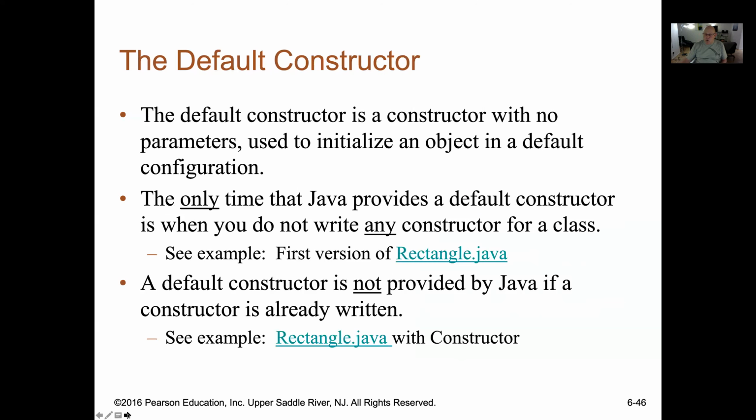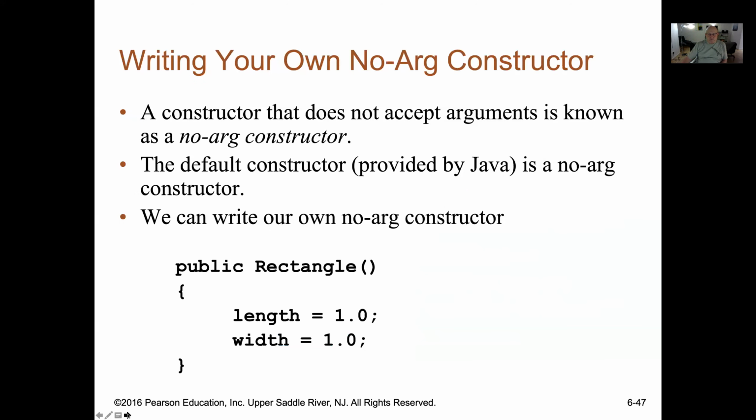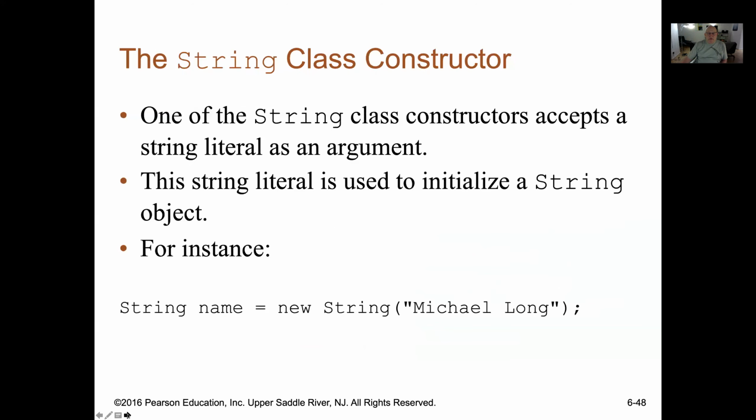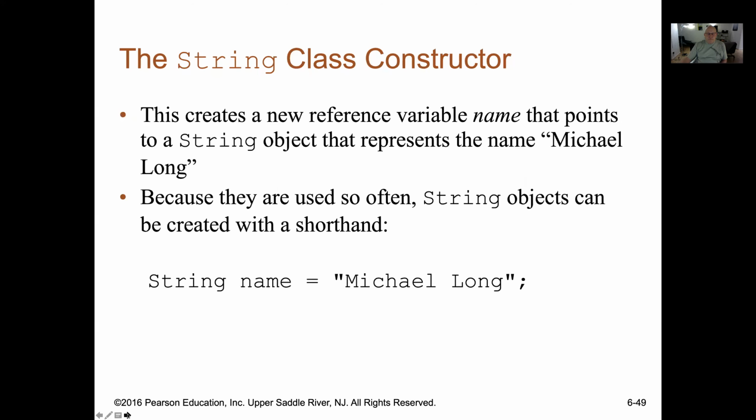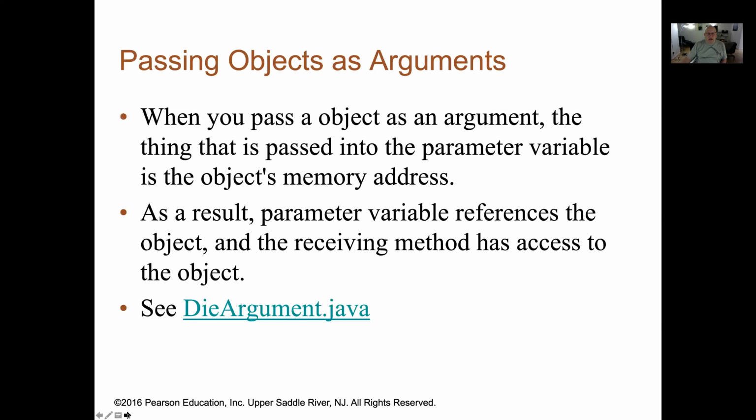A default constructor will not be provided by Java if a constructor is already written. Example of the String class constructor. It's how you pass an object as an argument.